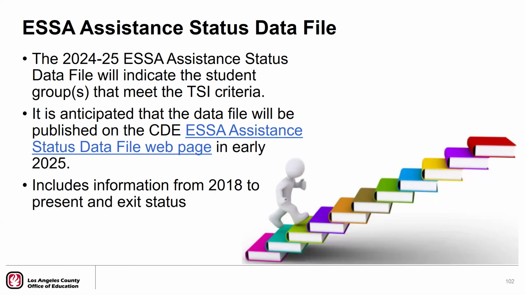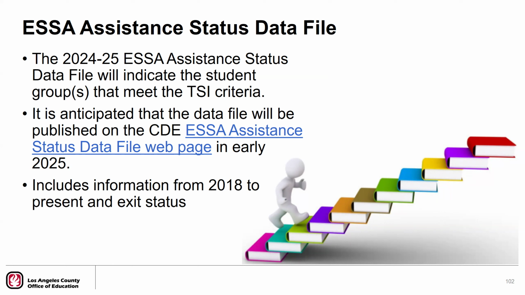So how will schools know if they're designated for TSI? The 2024-25 ESSA Assistance Status Data File will indicate the student group or groups that meet the TSI criteria. It is linked to this slide for your convenience. It's anticipated that this data file will be published on the CDE webpage with updates from the 2024 dashboard in early 2025.